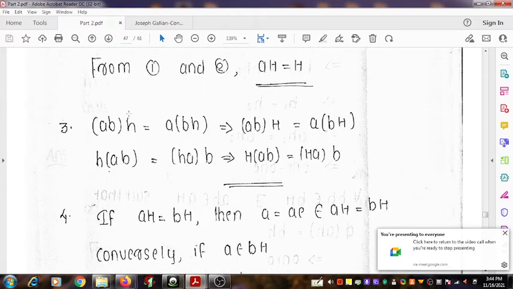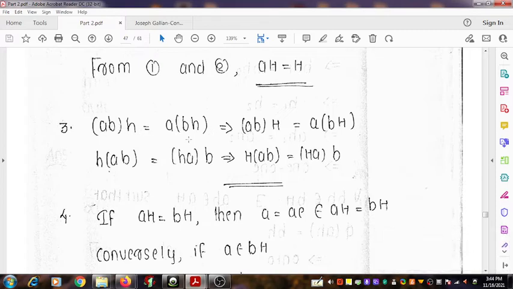That's a simple proof. See, AB into H equal to A into BH, and that implies that AB into H equal to A into BH.